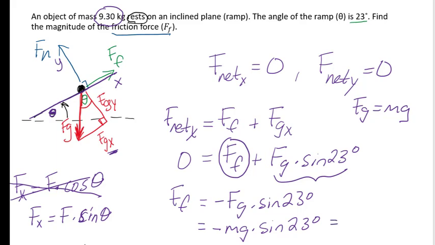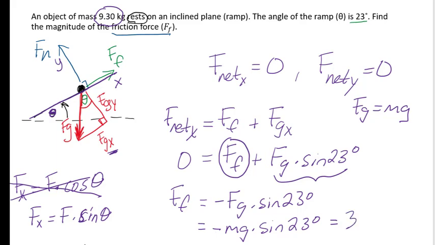I encourage you to try this calculation on your own. I'll do it right now. So 9.3 kilograms times 9.81. This is going to be positive because we have a negative number here in front of the mass, and g is also negative. And then we're going to multiply by sine of 23.